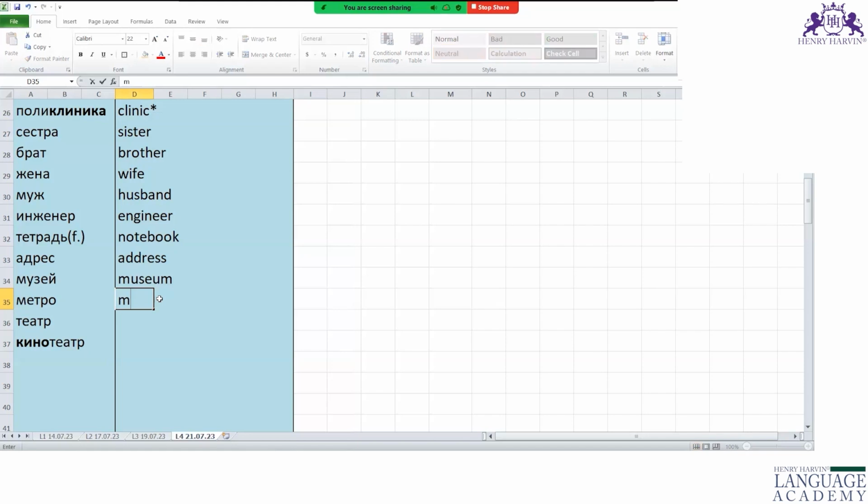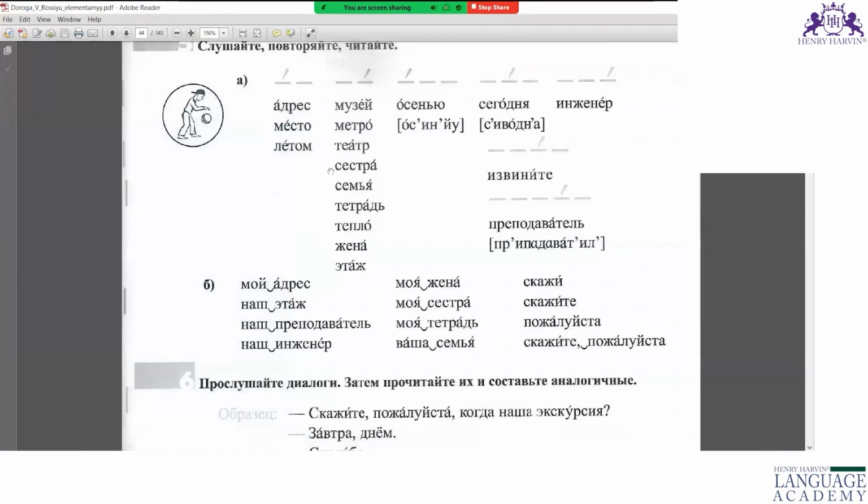Metro is metro, theater is theater, and кинотеатр is cinema. Театр, кино, кинотеатр. Так, дальше сестра, sister, семья.